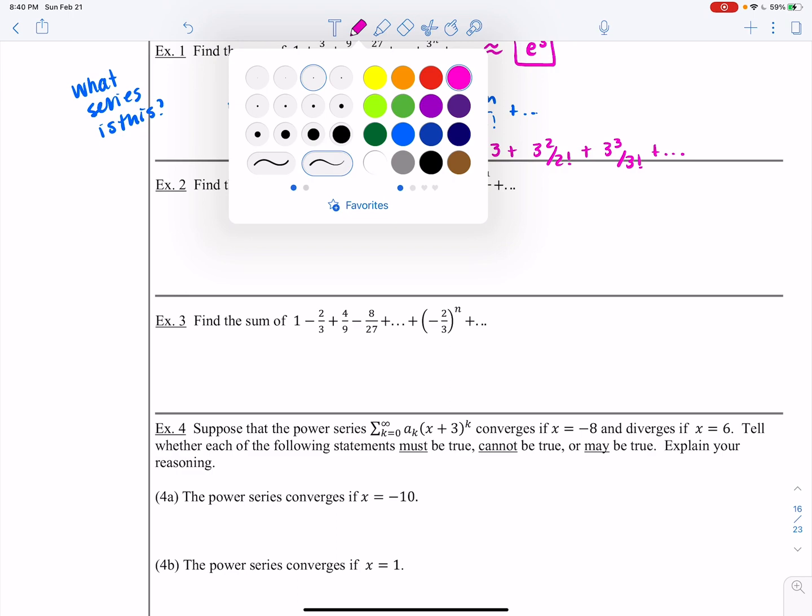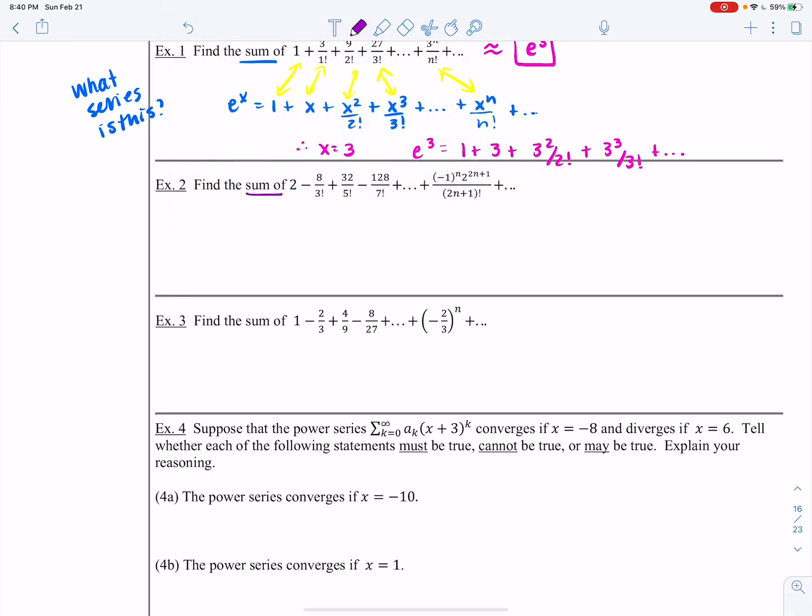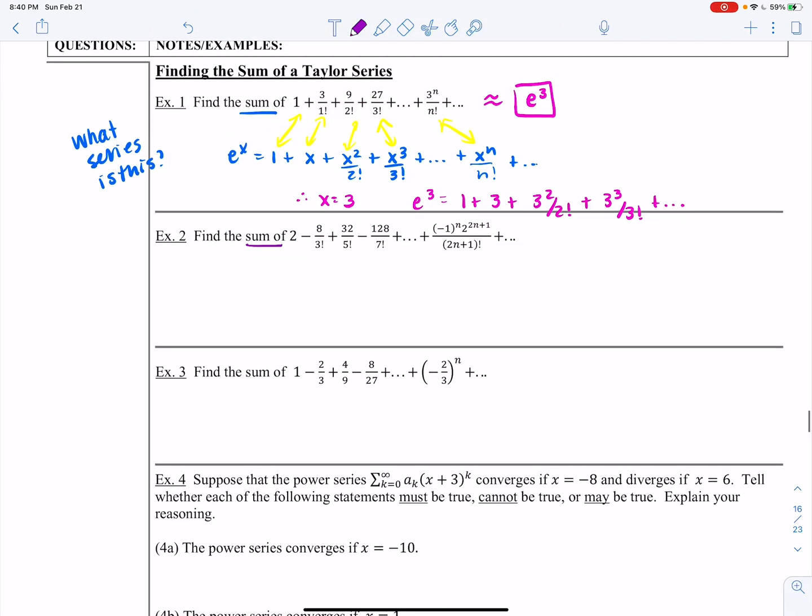I look at this next one, looks really scary. Find the sum. Remember, sum is the function. What function is this? What number is being plugged in for x? I can see an immediate clue into odd factorials in the bottom. And that's a pretty good sign because I know that sine is x minus x cubed over 3 factorial plus x to the 5th over 5 factorial and so on and so forth.